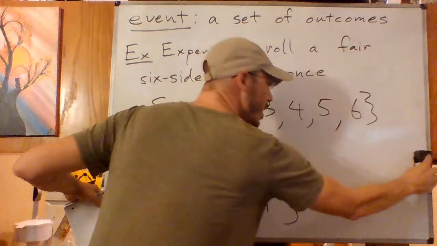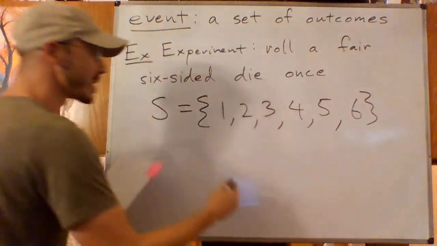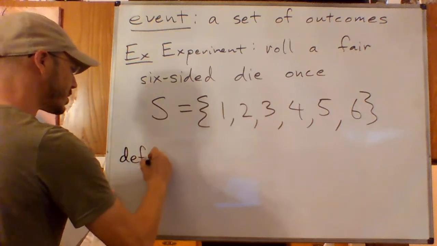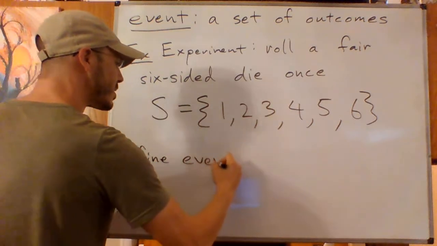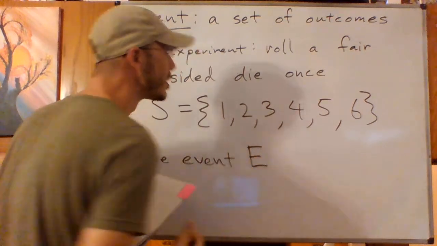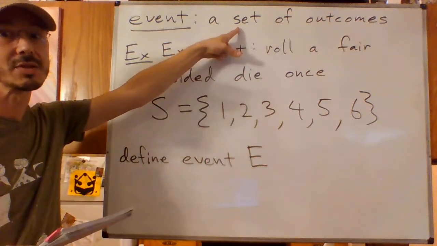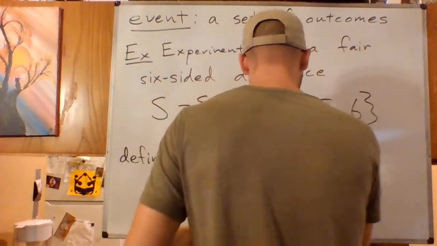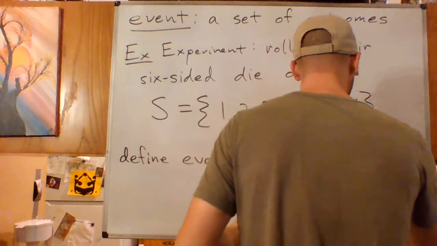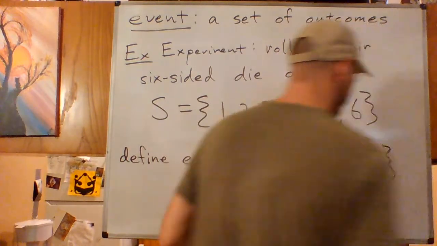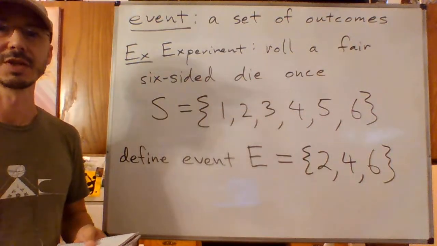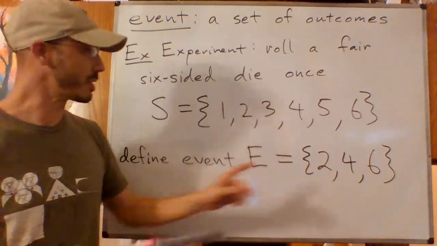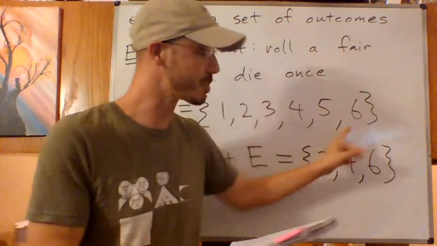And this one's a little bit bigger sample space. I can actually define event E, a set of outcomes. So E is going to be an event that includes 2, 4, and 6. Three different possible outcomes in this experiment.